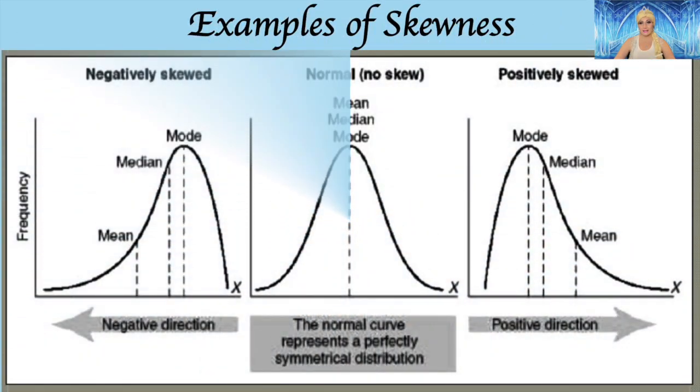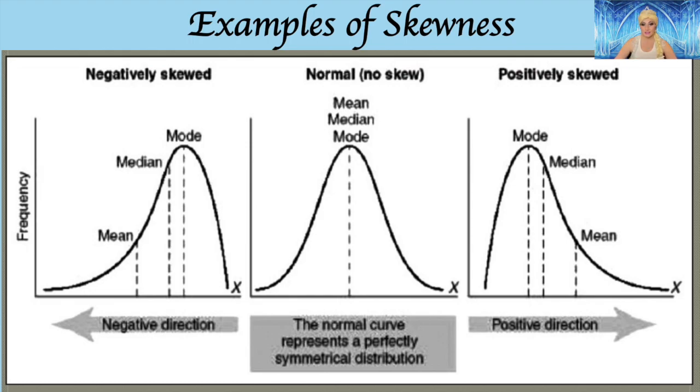Here we see examples of skewness. If we look at the very first graph, we see that the mode, the most frequently occurring score, exists to the right of the mean. If something is to the right of the mean, it is greater than the mean. So here we can see that both the median, the 50% mark, and the mode are both above the mean.